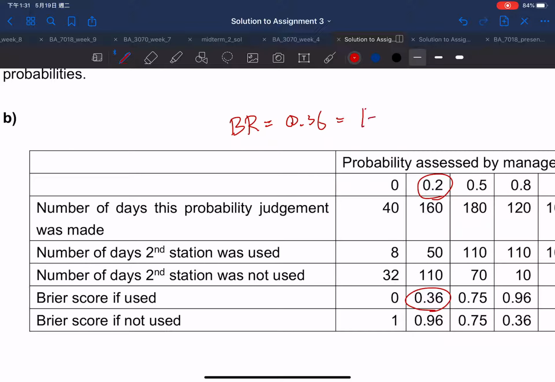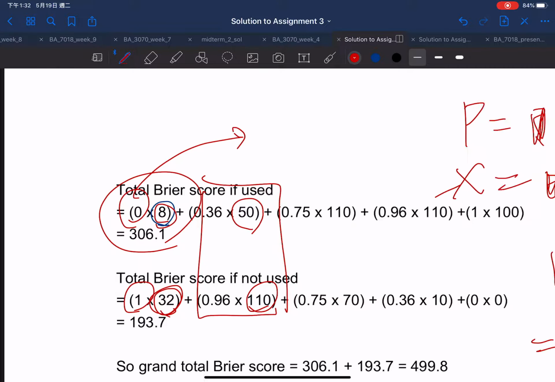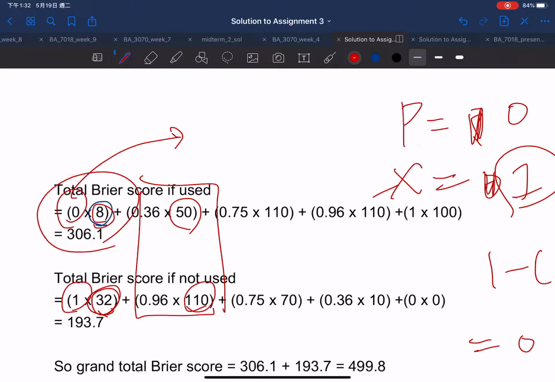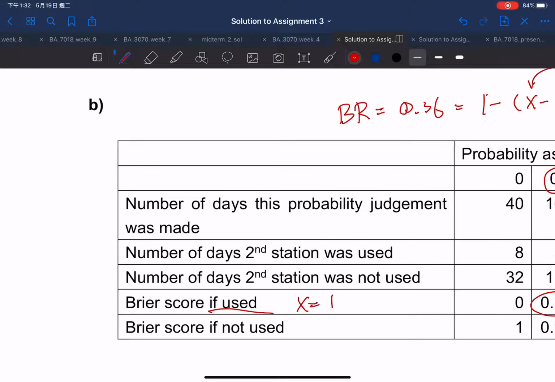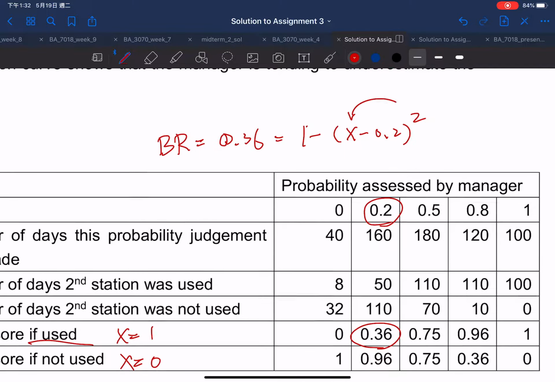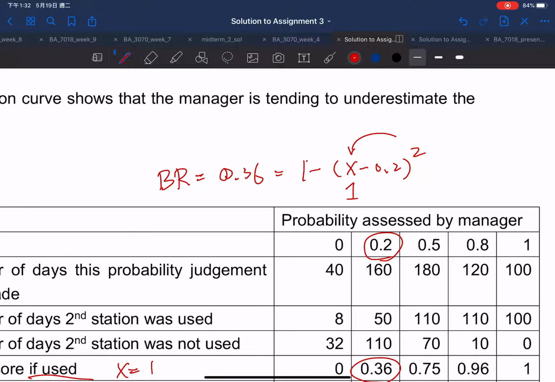It's going to be 1 minus X minus P, P is 0.2, right? To the power of 2. So if used, I said X equals what? 1. Okay, so it's 1. If used, X is 1. So X equals 1 here, X equals 0 here. So with X equal to 1, this becomes (1 minus 0.8) to the power of 2. That's exactly 0.36.